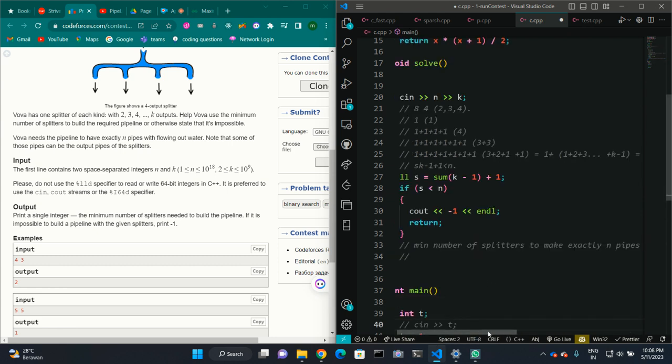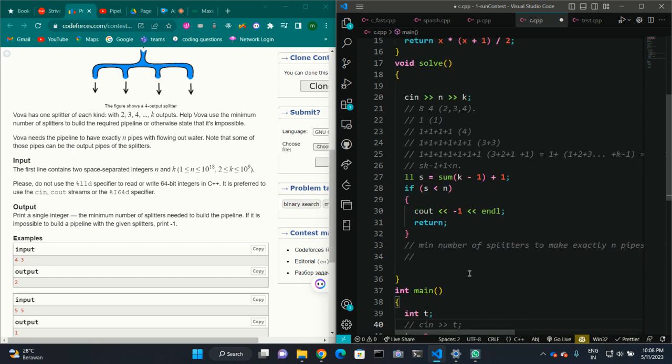Minimum number of splitters. Let's suppose some space, like variables, answer space. Minimum number of splitters can be 0, 1, 2, 3, at max k minus 1, because there are 2, 3, 4, 8. Max k minus 2.